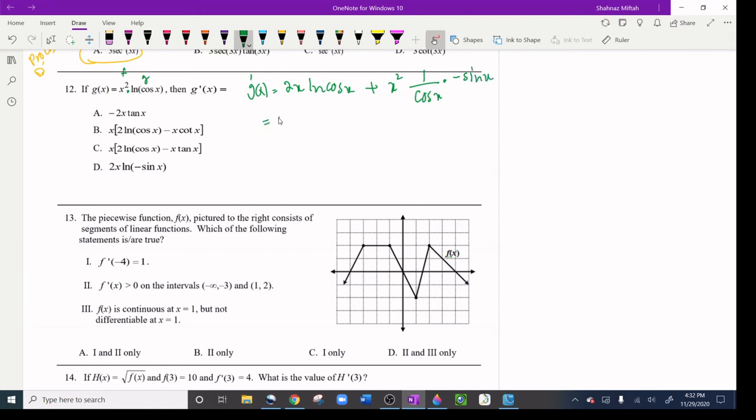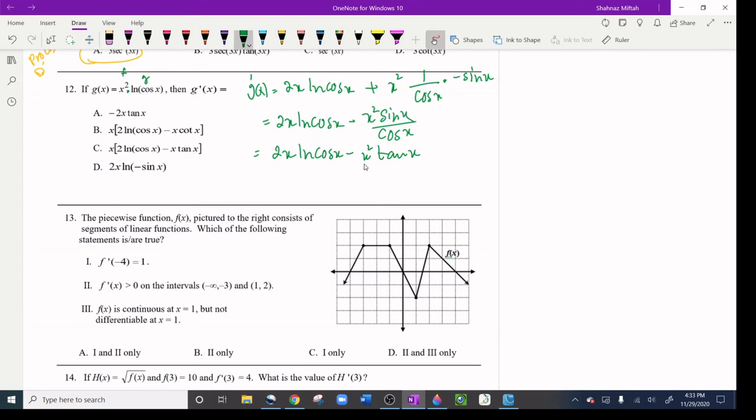Now let's fix this. 2x ln cosine x minus x squared sine x over cosine x. Now sine x over cosine x is actually a tangent. So I'm going to do that. 2x ln cosine x minus x squared tangent x.